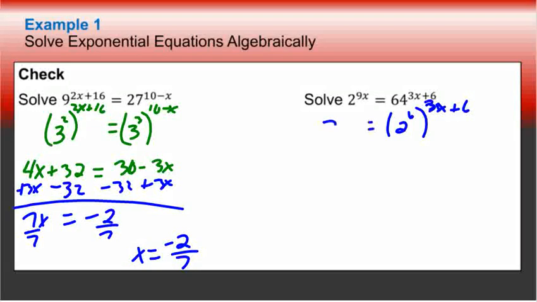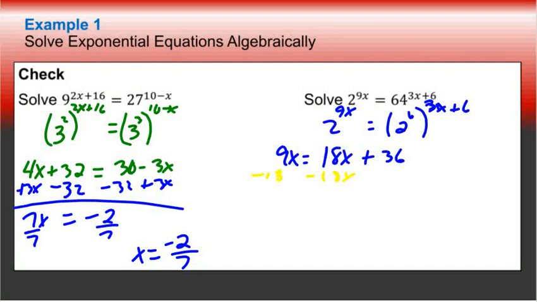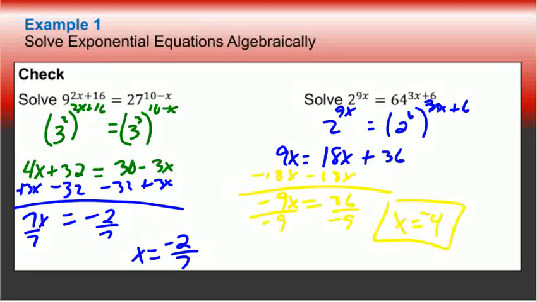This has to equal 2 to the 9x. So we have 9x equaling 18x plus 36. I'm going to subtract 18x. That gives us negative 9x equaling 36. Divided by negative 9, x would equal negative 4.